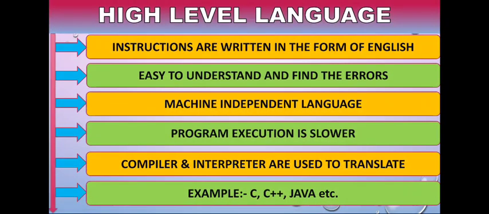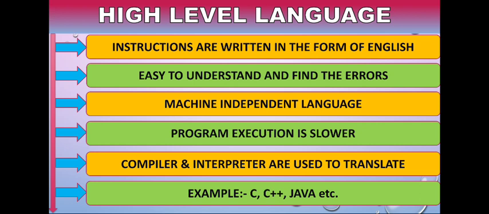Then high-level language. In high-level language, the instructions are written in the form of English-like statements, so it is easy to understand and also very easy to find the errors. The program writing is also very easy, but the program execution is slower as compared to machine language and assembly language.